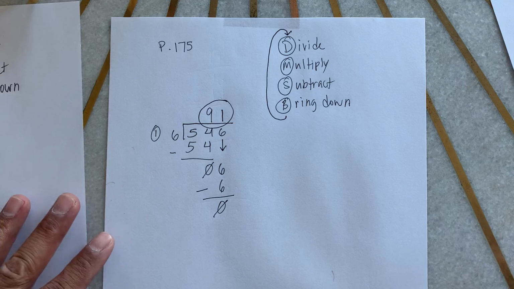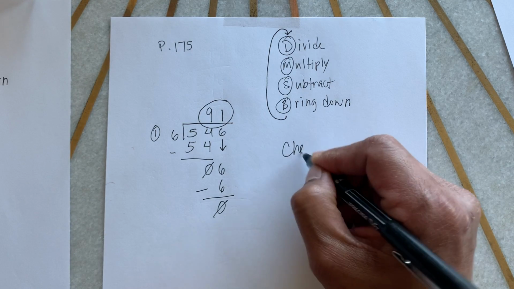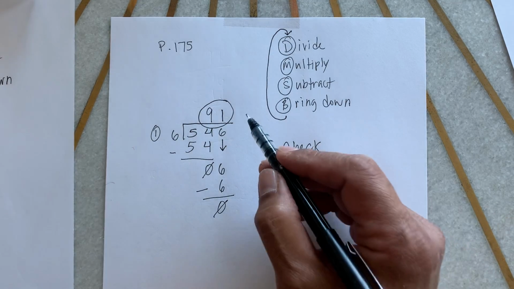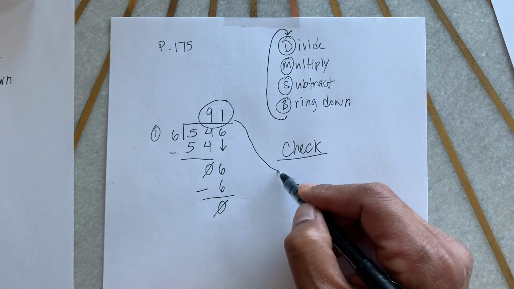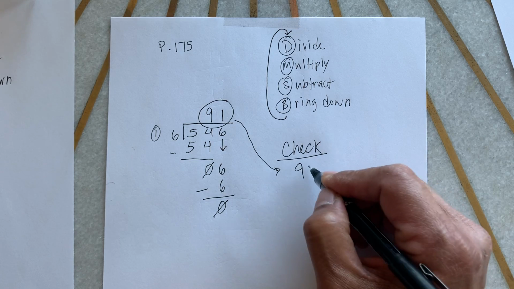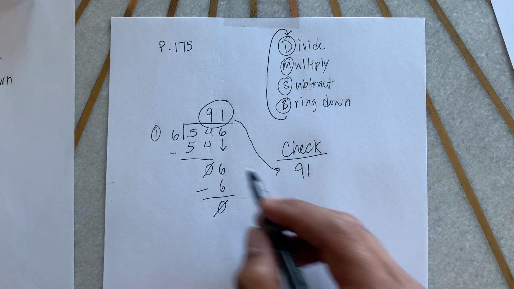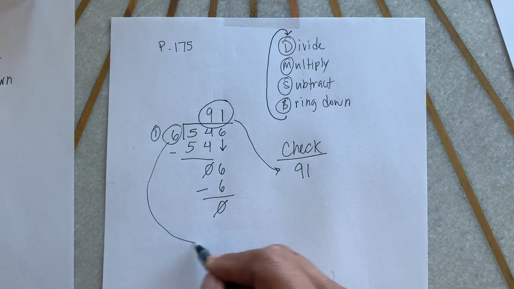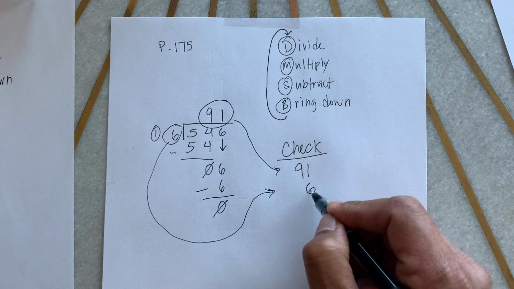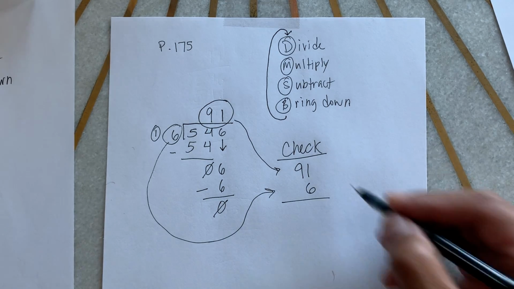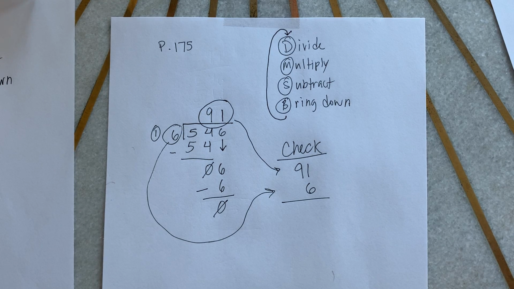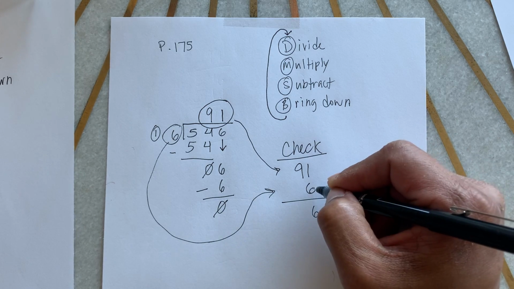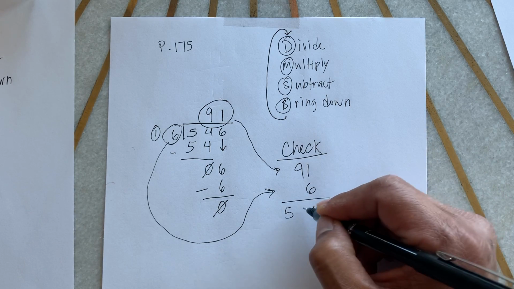And real quick, if you want to check your answer to make sure, this is what you would do. You're going to take your answer, which is 91, and multiply it by the divisor here, which is 6. So let me go ahead and do that. 1 times 6 is 6. 9 times 6 is 54.